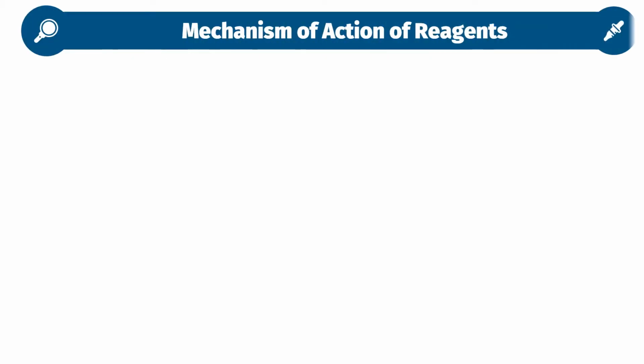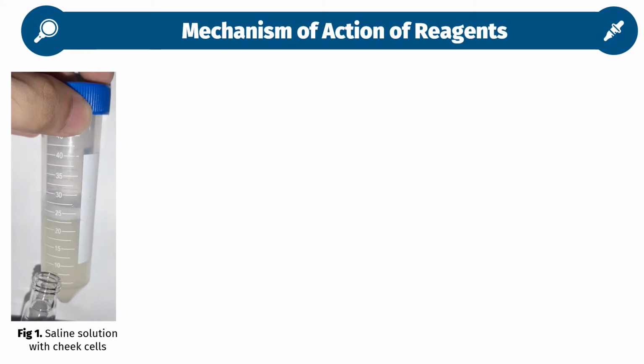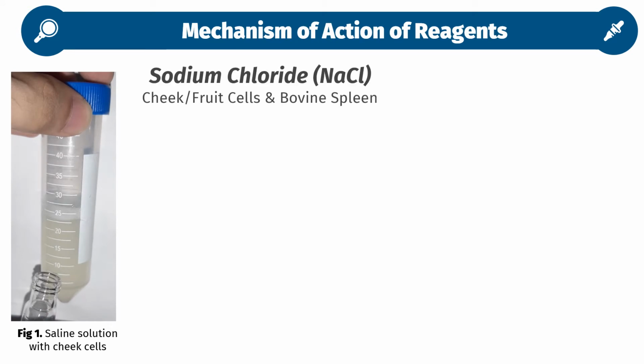Sodium chloride serves the same role in both the household DNA isolation and DNA isolation from bovine spleen. It creates a hypertonic environment which aids in breaking the cells to release cellular components, including the DNA. Sodium cations from sodium chloride, as well as from sodium citrate and sodium dodecyl sulfate or SDS, form ionic bonds with the negatively charged DNA backbone.